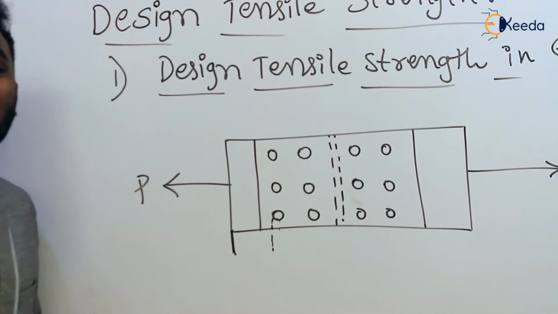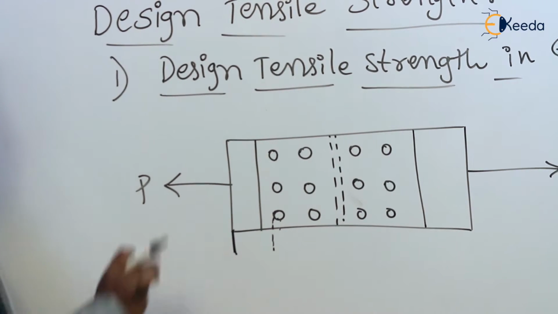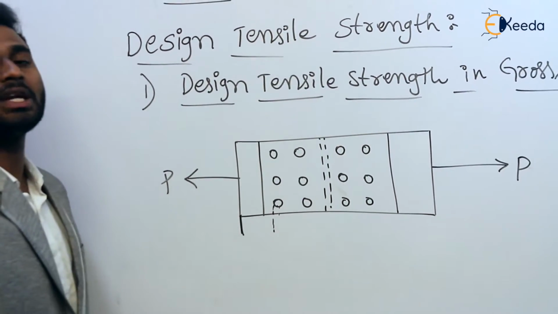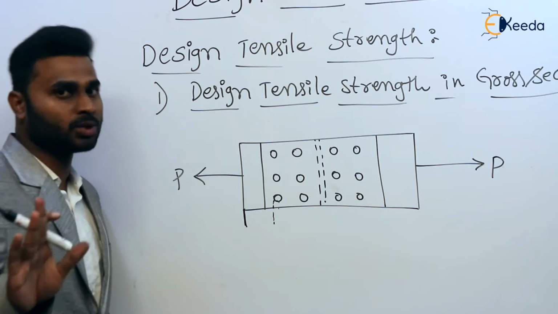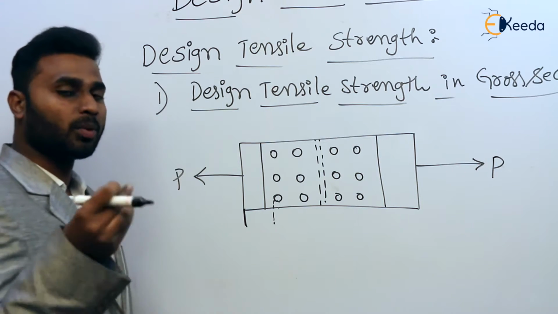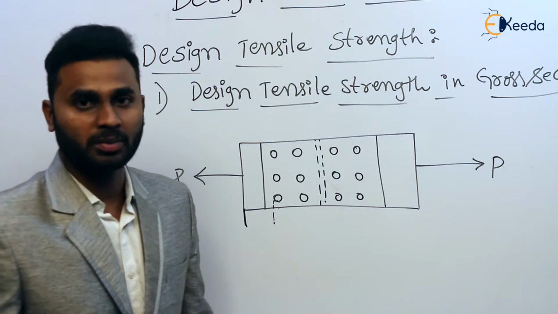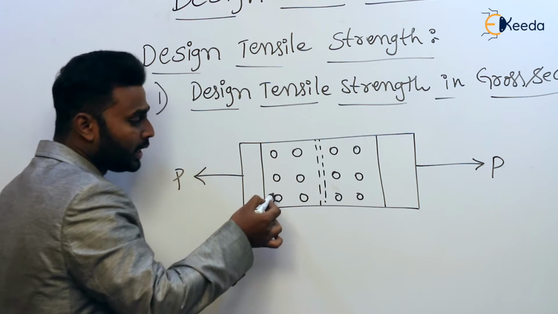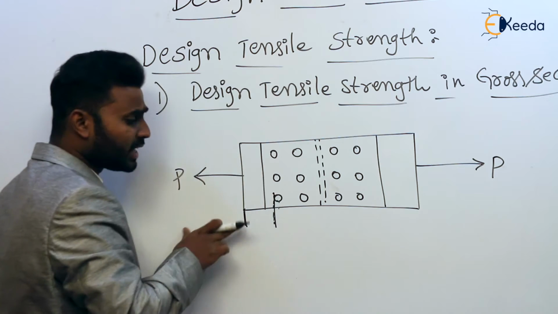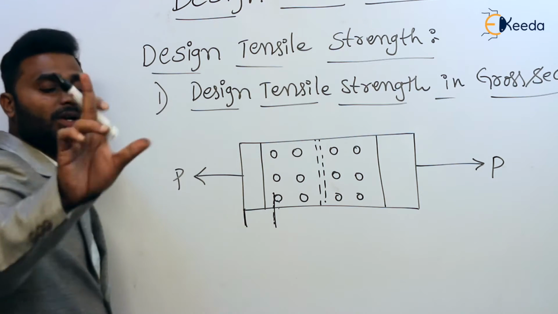Chances are there for this member to yield in transferring load from here to here. If it produces elongation more than permissible, that is known as yielding. So yielding is nothing but producing elongation more than permissible. In transferring the load from here to here, if the material yields, then that is known as failure.